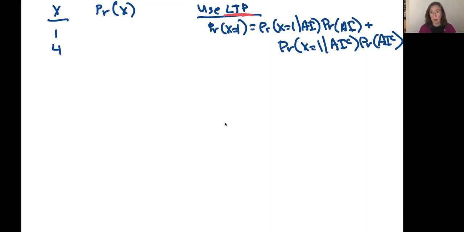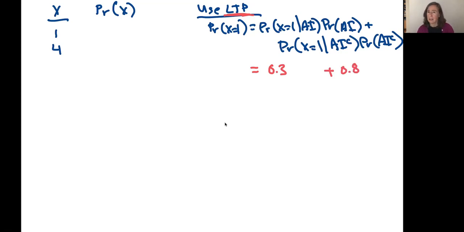Okay, so remembering what we had before, the probability that X equaled 1 in the world of anti-incumbent sentiment, remember that was 0.3. And the probability that X equals 1 in the other world was 0.8.